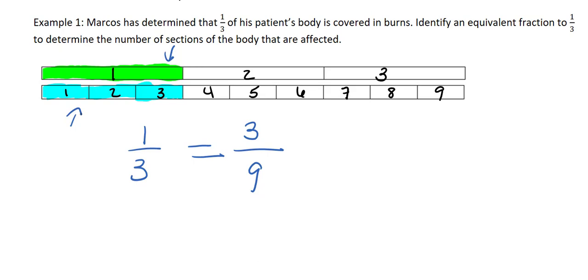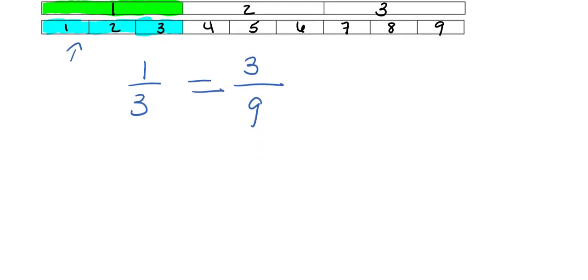So if that is true, we can see how from 1/3, we can get to 3/9 if we just go ahead and multiply the top and the bottom by 3. So 1 times 3, if we just multiply what's on the top, we get 3.